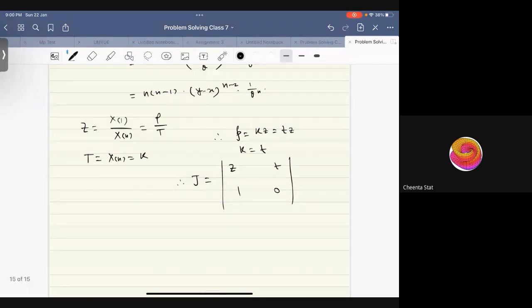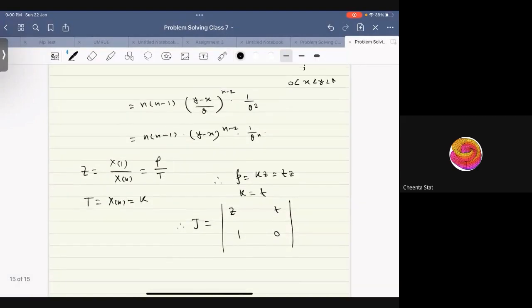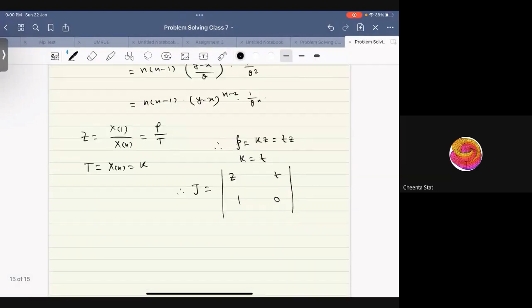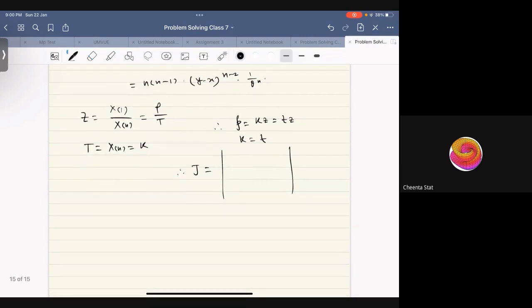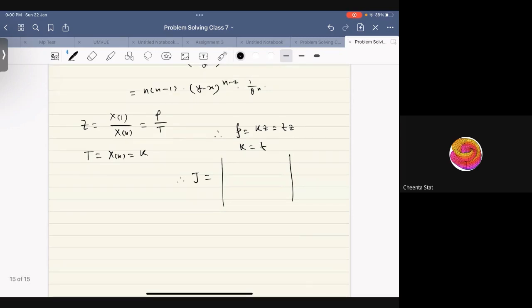Am I doing the right thing? Let me see. Del p by del t, del p by del z first, because I am doing del x by del y, right? So del p by del z first, I guess.